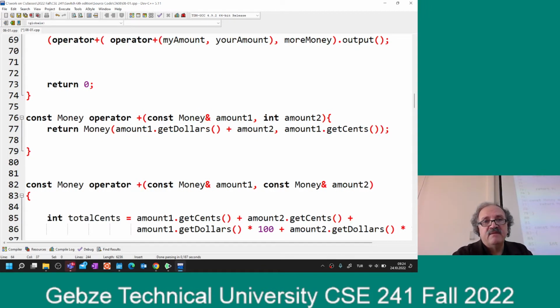One money object and one integer object. So you can do that too. So you are defining a simple function. The name happens to be operator plus, but it's a function. And this is overloaded again. I am giving an additional meaning to operator plus, and that will be it. So that one will work too.